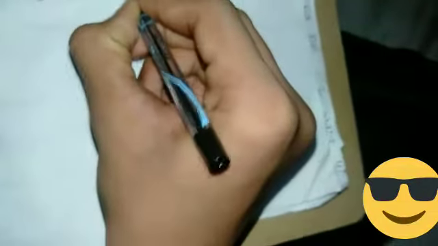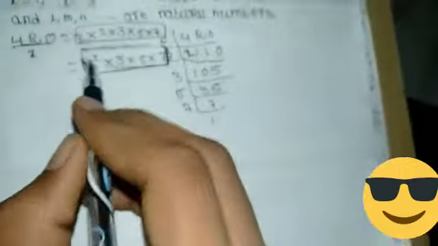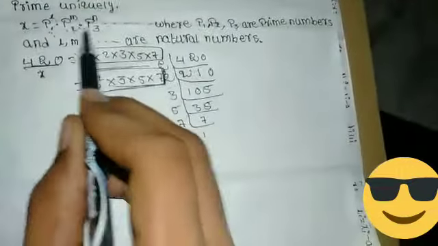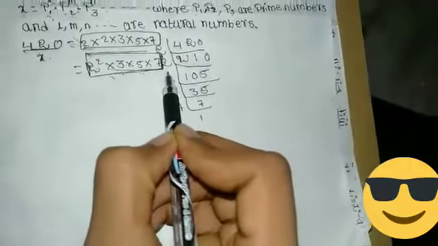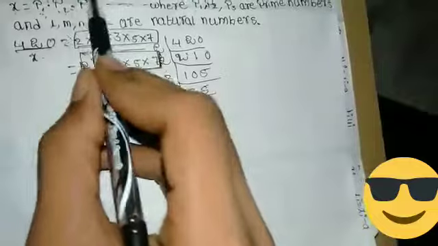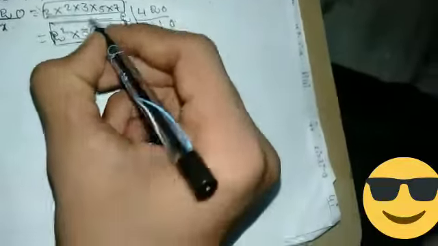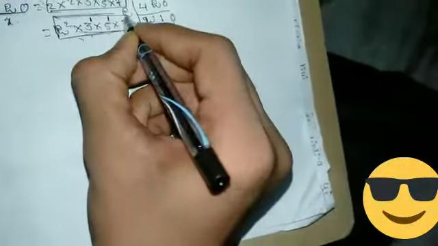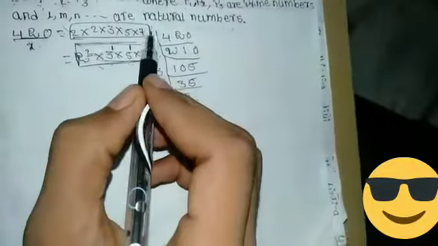L, M, N are natural numbers. Means 2 with no power means take it as 1.